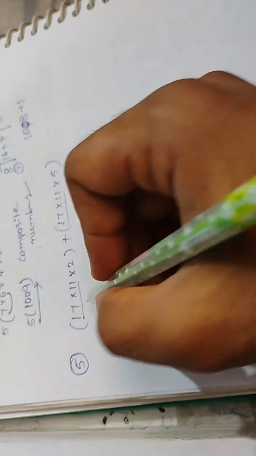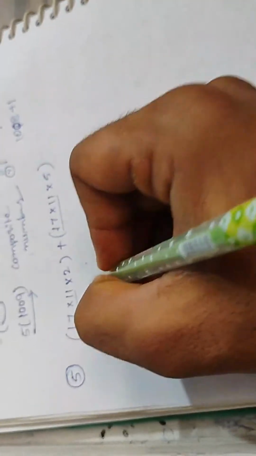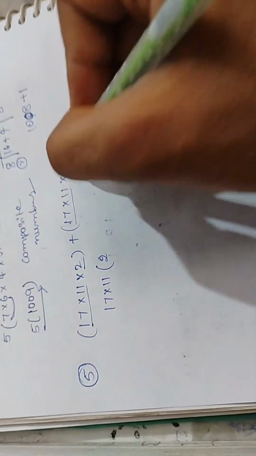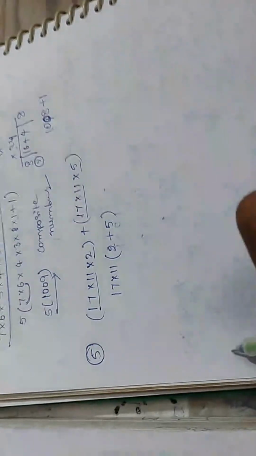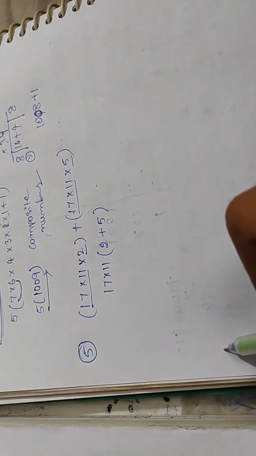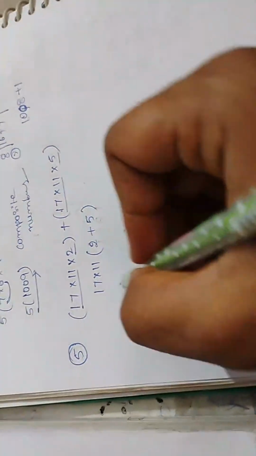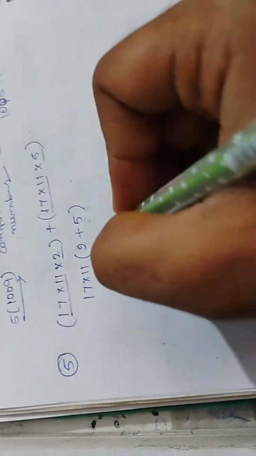If you take from this 7, 11 is outside. 7 into 11, what is left here? It is a 2. Here, what is left here? It is a 5. We can write this one. So this one, 7 into 11 into 2 plus 5, it is a 7. How many factors are there?